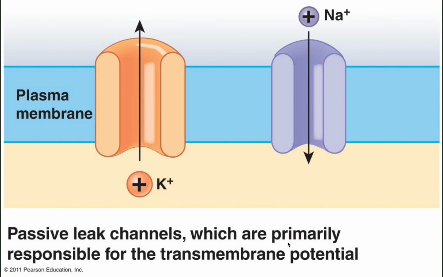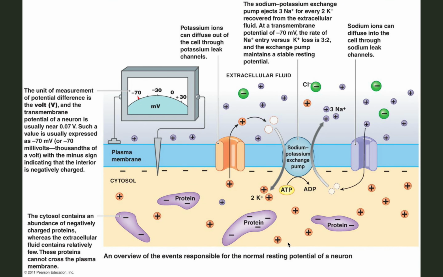Okay, so these are leak channels, which are always open. If you look at an undisturbed cell like this one, it will have potassium leaking out through the potassium channel, and it will have sodium leaking in.